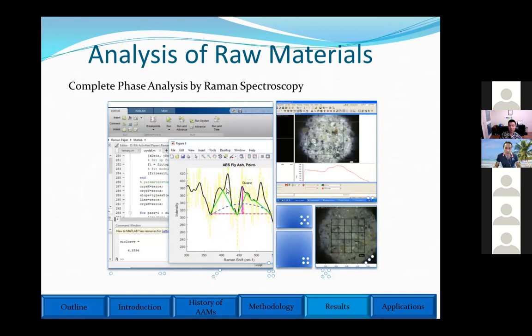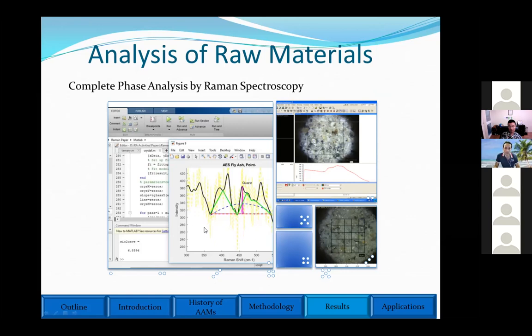The only problem was that it's not a common technique for studying concrete and cement. It is designed for something else. So I had to write some code in my lab to make the Raman spectroscopy technique easier to employ.